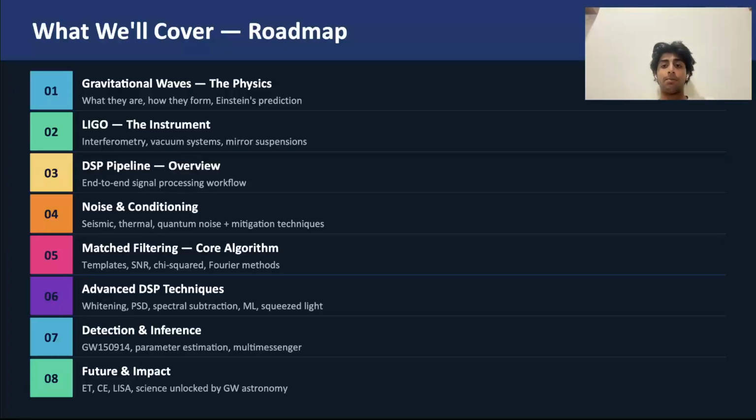Then is the DSP pipeline, and then noise, the three frequency-dependent phases, and then matched filtering, which is arguably the heart and the core of this entire video. Then advanced DSP, including one trick that cheats quantum mechanics itself, and then the first detection, what comes next, and the future of it.